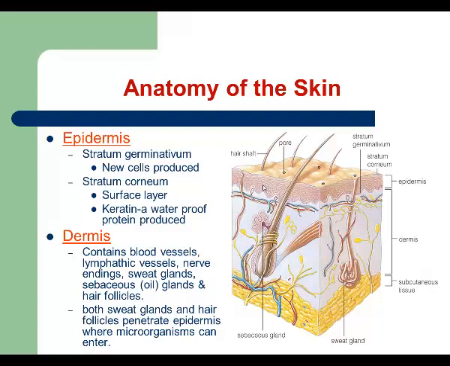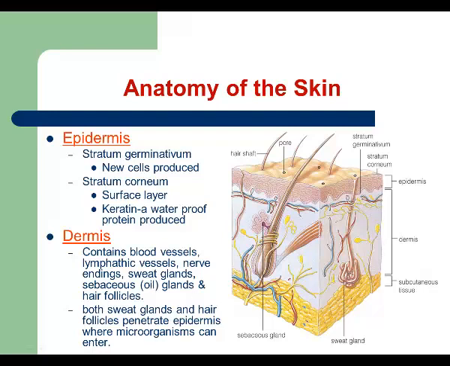The deeper layer of our skin is called dermis. It contains blood vessels, lymphatic vessels, nerve endings, and cells in dermis are not as close to each other. Plus, because it has a lot of lymphatic vessels and blood vessels, every time an infection gets into dermis, it spreads quickly, rapidly.